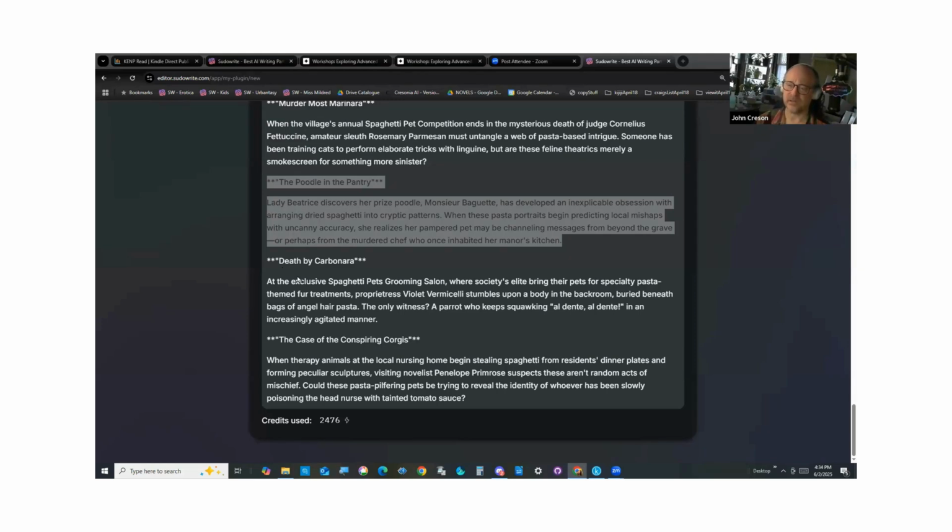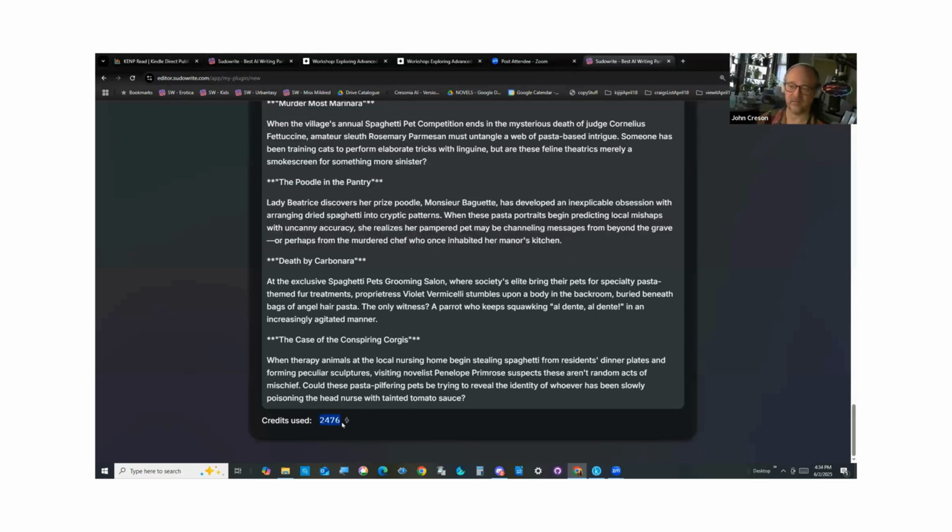You notice the difference here between a 2,400 credit result versus a 46 or 78 credit result. There's something that might be worth it. Do I like it? Yeah, I kind of like it.